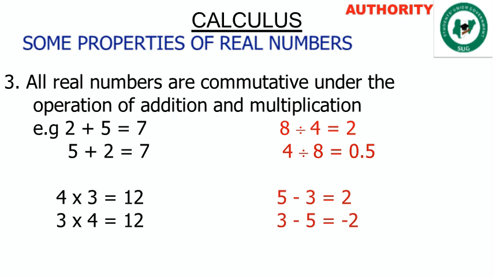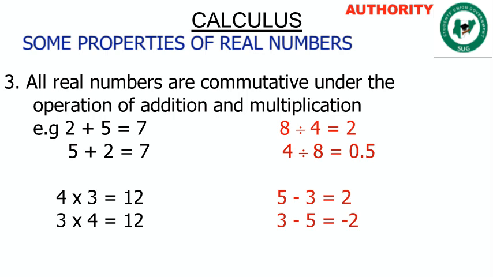Number 3. All real numbers are commutative under the operation of addition and multiplication. Now, what is it talking about? Let me just use an example and explain it.